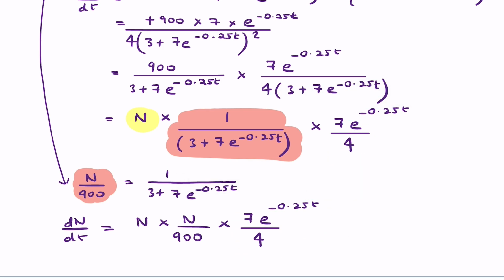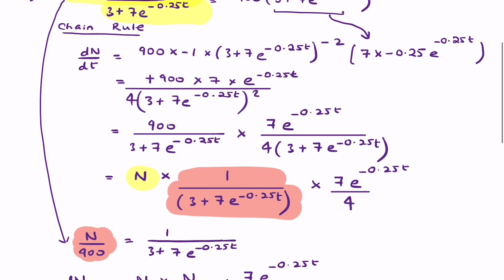So right there. Now I have to make 7 times e to the power of minus 0.25t the subject, again from the main equation. So let's do that. I'm going to highlight that in another color so I can see that it's there, and I can see that that is also right there.